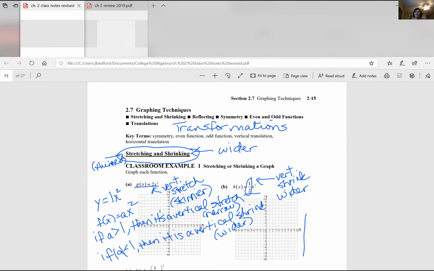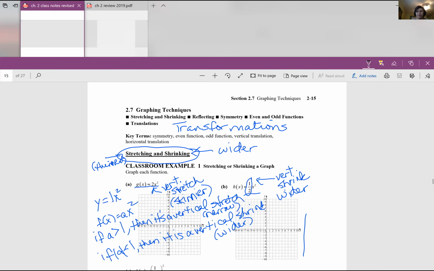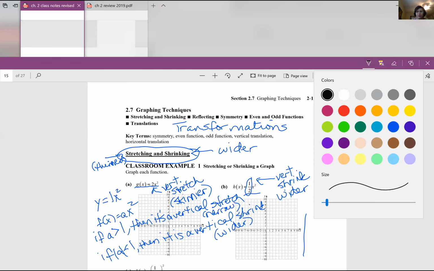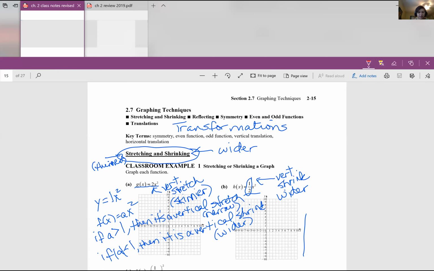And what we did last time was we talked about the number that would show up right in front of the function. In other words, the number that shows up right after the equal sign is going to tell us something about how the parent graph will change.